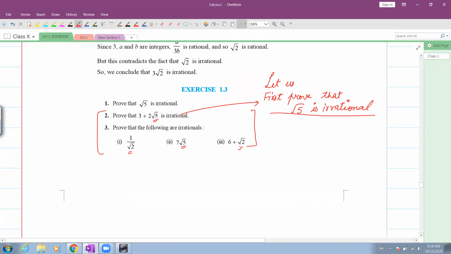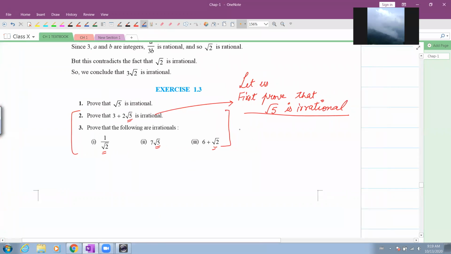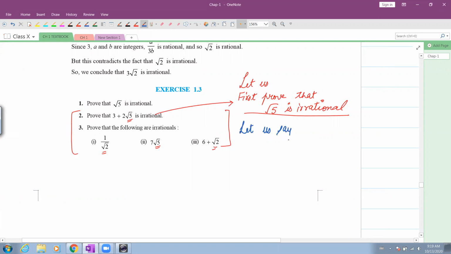फिर हम इस पूरे एक्सप्रेशन की बात करेंगे. And again, to prove that this expression here is irrational, I'm going to assume that this expression is a rational number. So let us say that 3 plus 2 times root 5 is rational.